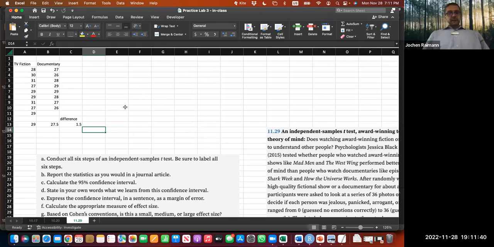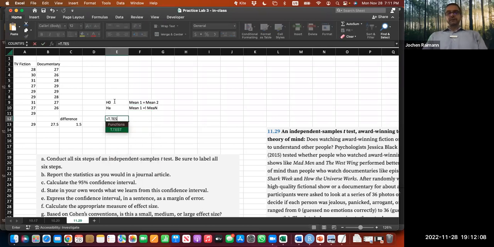Well, we are asked to go through all 6 steps of hypothesis testing, but basically H0 is mean 1 equals mean 2, and HA is mean 1 is unequal to mean 2. The rest of this can easily be evaluated with the t-test function.